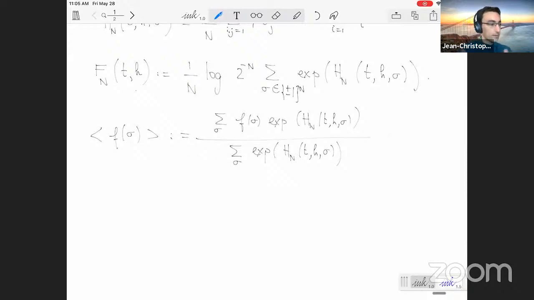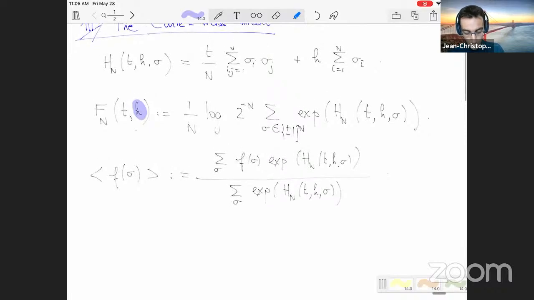All right, and just to make sure we see again this point about the derivative of the free energy, I'm not going to write it down completely, but if I differentiate this function fn with respect to h, h is hidden inside the exponential, so you should think that you replace Hn by its explicit expression.